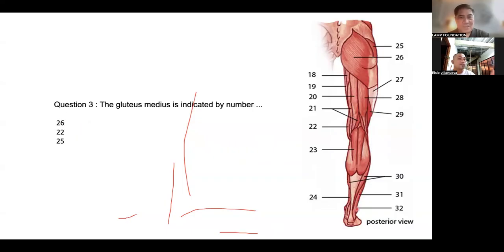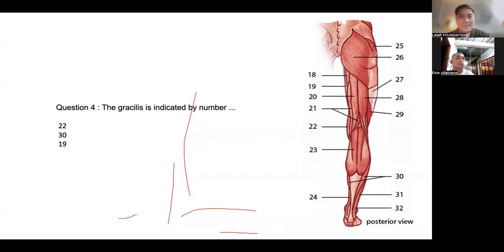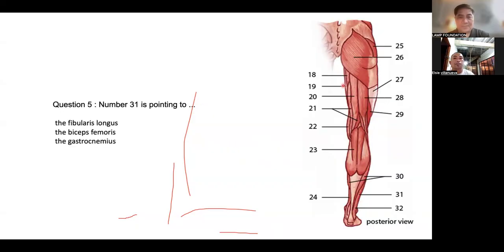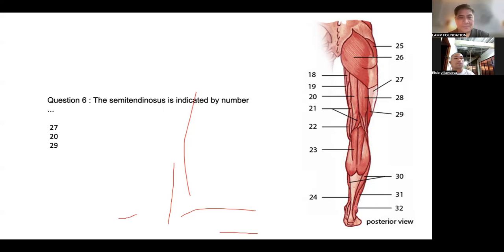Gluteus medius is what number? 25. Gracilis, yung kanina, is what number? 19. Number 31: Fibularis longus. Semitendinosus: Number 20.